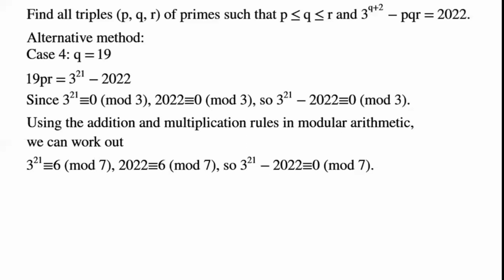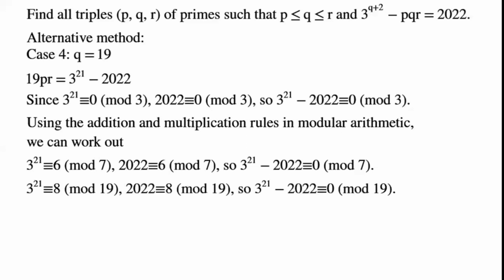So 3 to the power of 21 minus 2022 is congruent to 0 mod 7. 3 to the power of 21 is congruent to 8 mod 19. 2022 is congruent to 8 mod 19.